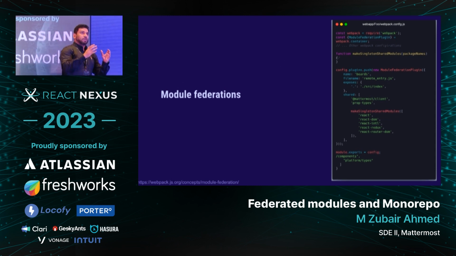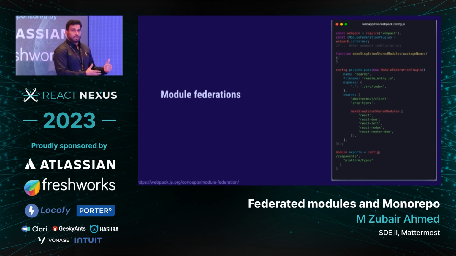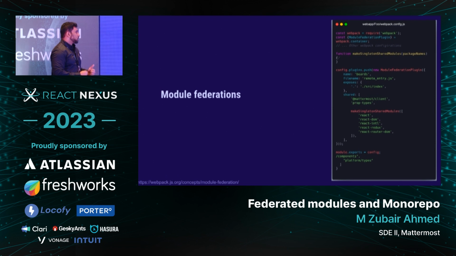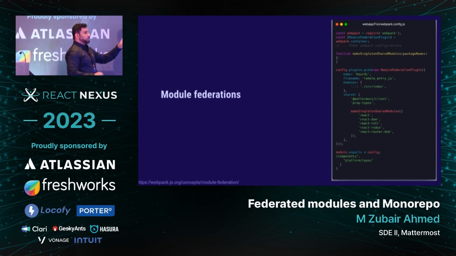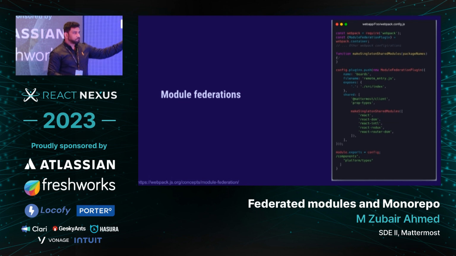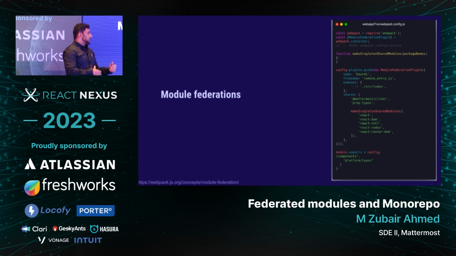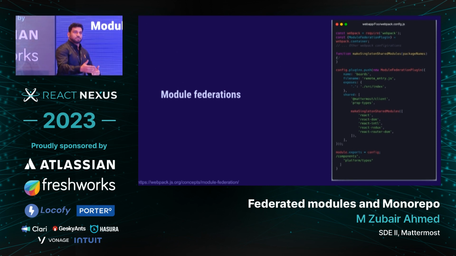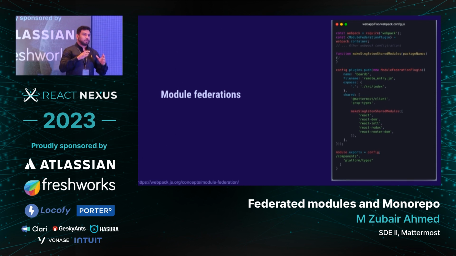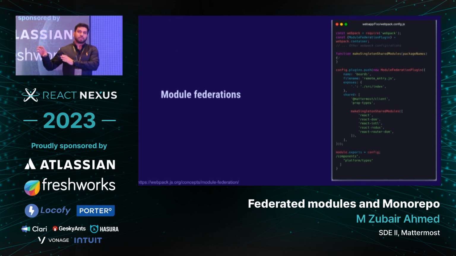Others use module federation to do micro front ends, but what we did was to share code across the projects. So what you see is each Webpack config of a product will have the name and the remote entry file where the module is entered. And then we have some shared dependencies. Whenever Webpack sees these shared dependencies, it will say, hey, React is common across products, let's make a separate dependency and module for it.